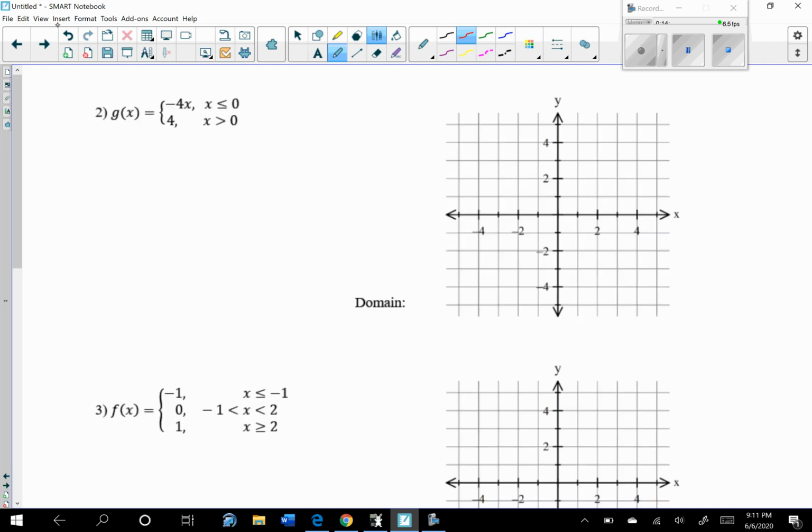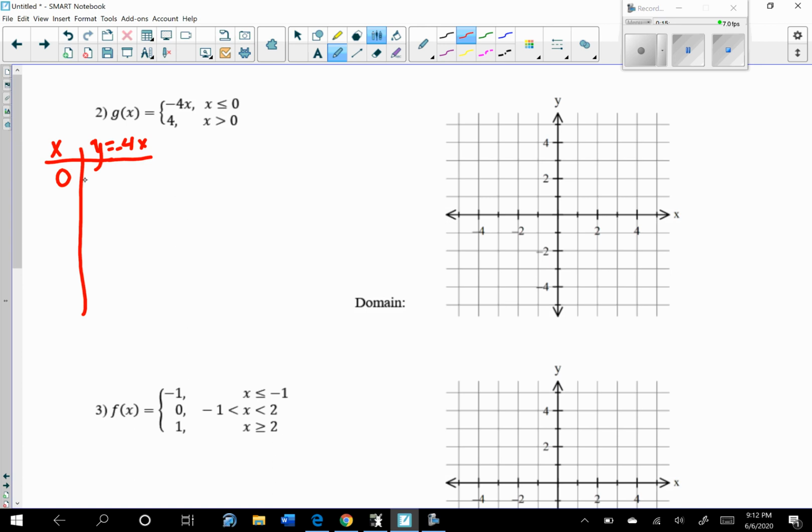For this next one, we have g of x equals negative 4x for x values less than or equal to 0. So let's start with that one. If we start with our domain restriction, we have 0.